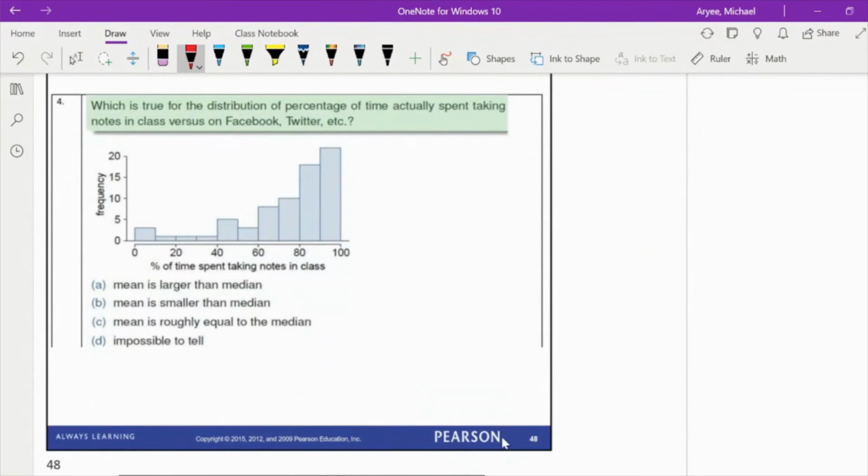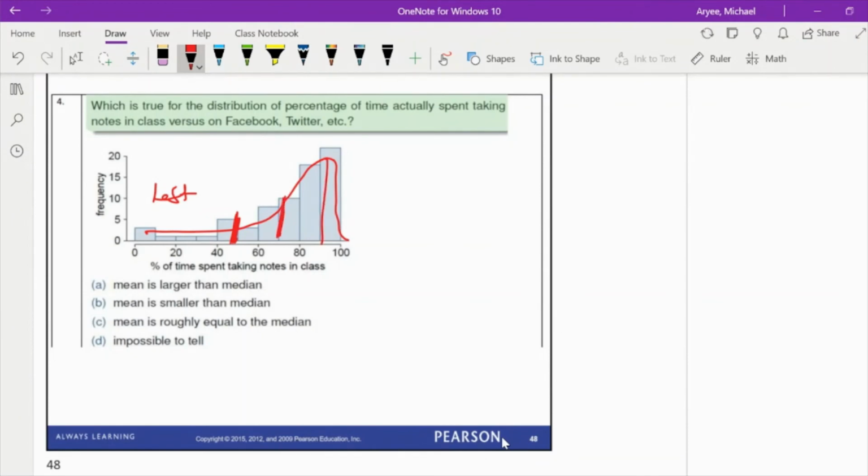Now a question like this, question 4 here, note that when you see a diagram, be able to judge the skewness of it. So it looks more like skewed to the left, right? The long tail is on the left. If the long tail is on the left, the mean will be drawn more towards the side of the long tail. This is the mode, the median will be in the middle.